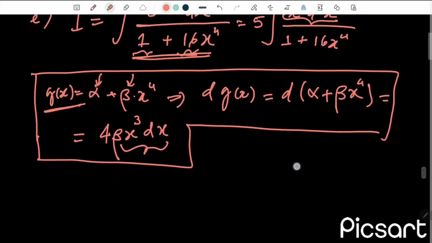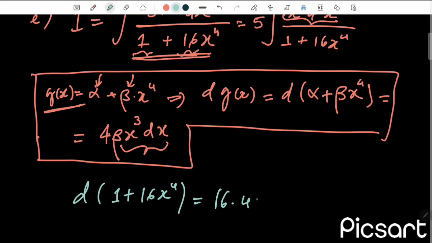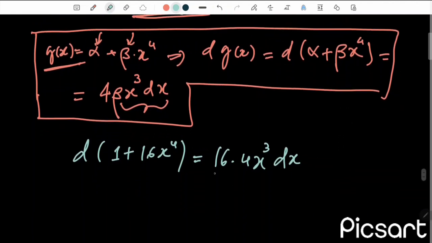We can take the derivative of 1 plus 16x to the power 4 as our function f, and its derivative is 16 times 4 times x to the power 3 dx.